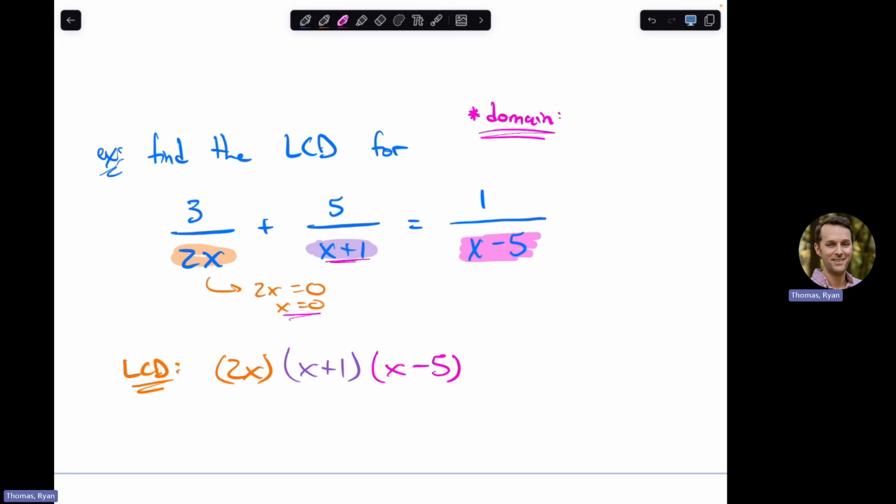What would make this one 0? -1. And this one? 5. So whatever else happens, x cannot be those values. These things will be undefined at -1 or 0 or 5.